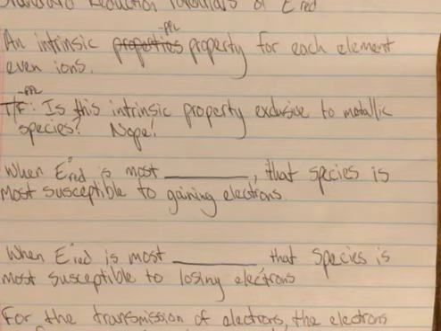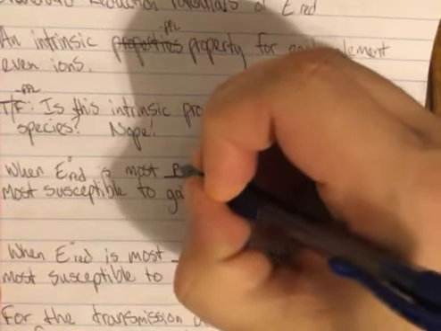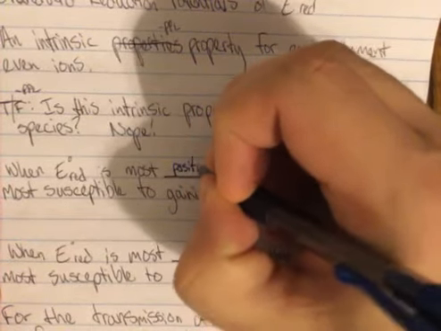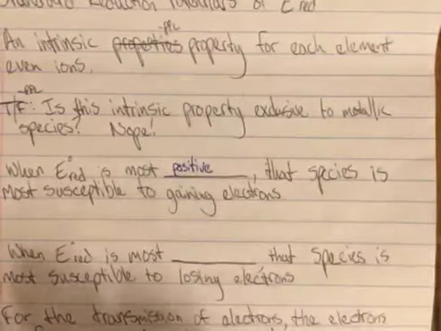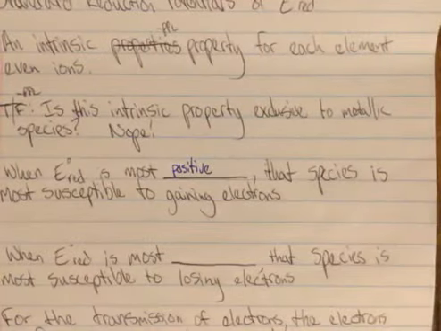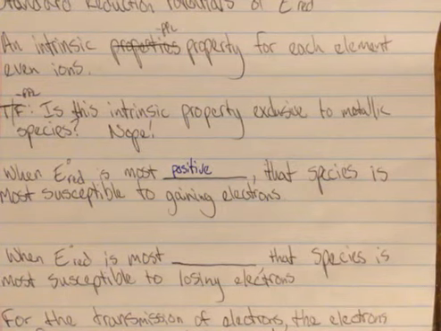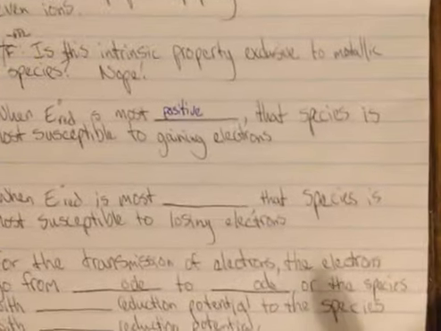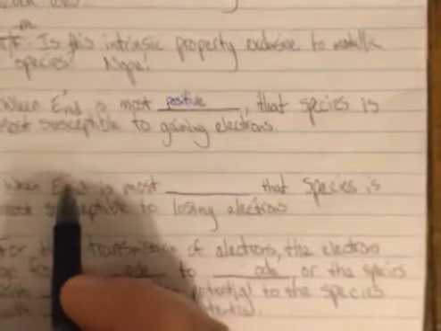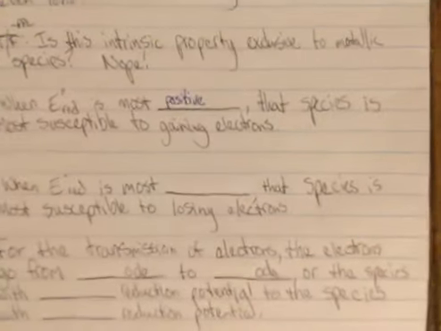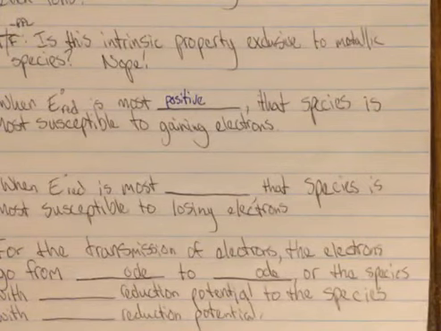So that means when this is most positive, the higher the voltage, meaning the higher potential it has to pick up those electrons. Now conversely, when this standard reduction potential is most negative, that species is most susceptible to losing electrons.